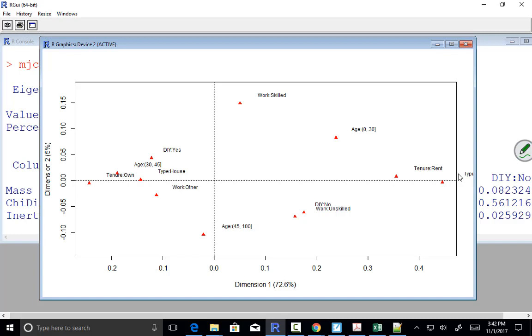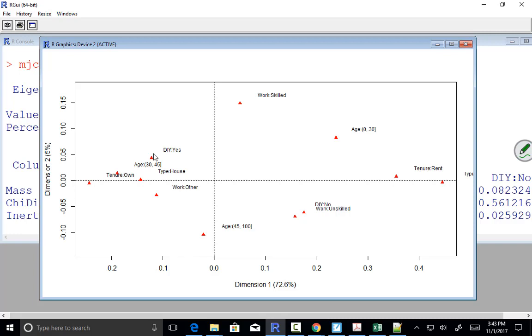Out of all those cross-categorizations, which categories tend to show up together and which categories tend to not show up together? The most important, or the most informative, or the most frequent source of grouping is represented horizontally. So let's look at what the picture is telling us horizontally.